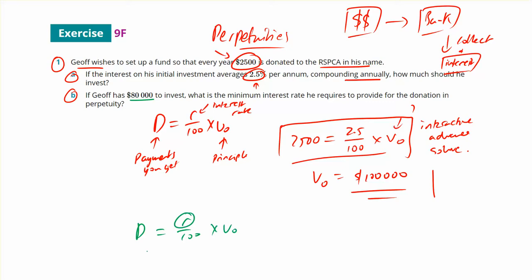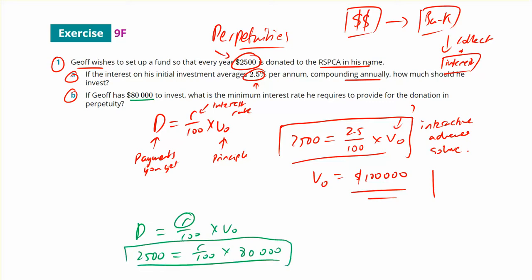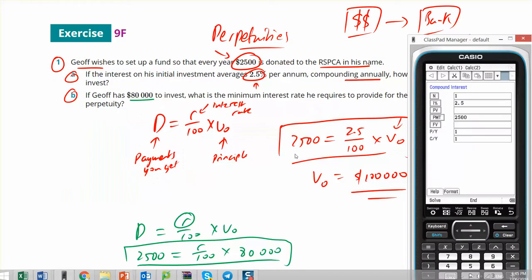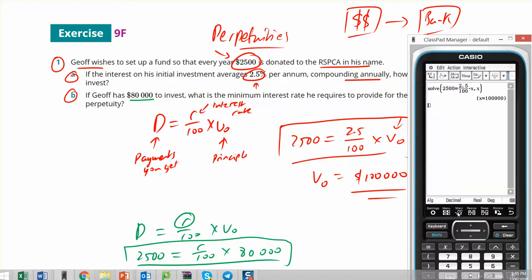My D, we will still want payments of 2,500 per year. I don't know what my R is. My V0 is now 80,000. So set up the equation, interactive and solve. Let's see how much interest rate he needs to actually get on average to achieve his goal.